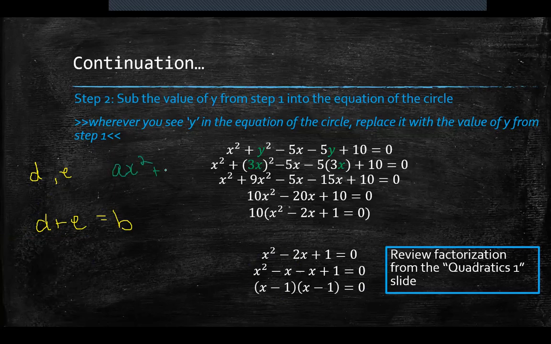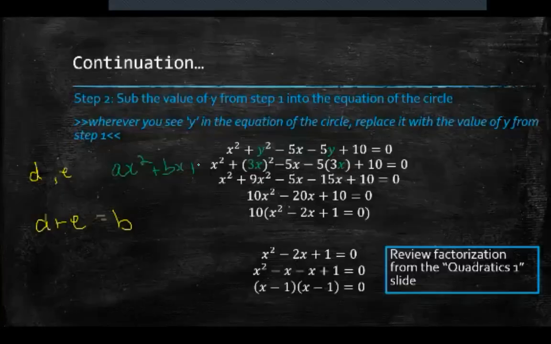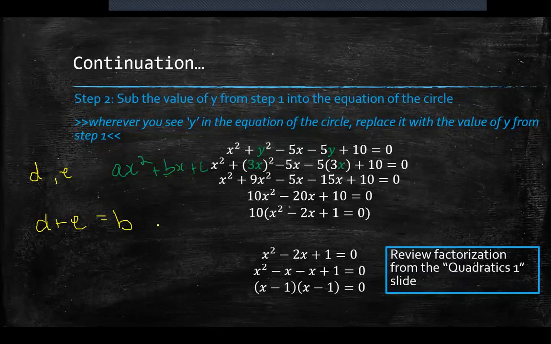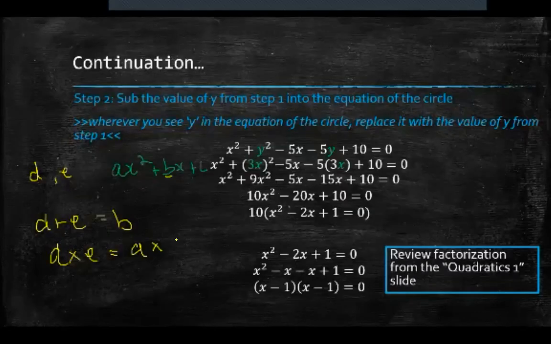Ax squared plus bx plus c. So two numbers, when added, would give me this value of B. And when they are multiplied, so D multiplied by E would give me the same value as if I multiplied A times C.